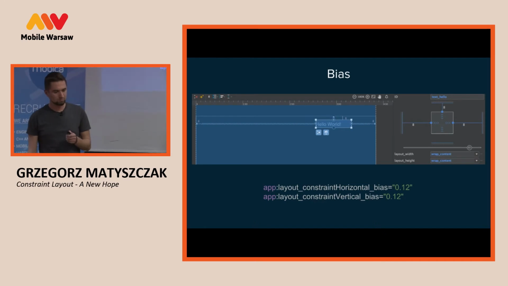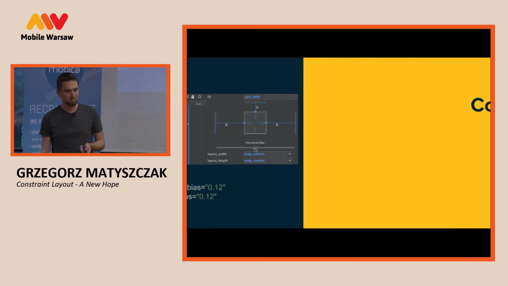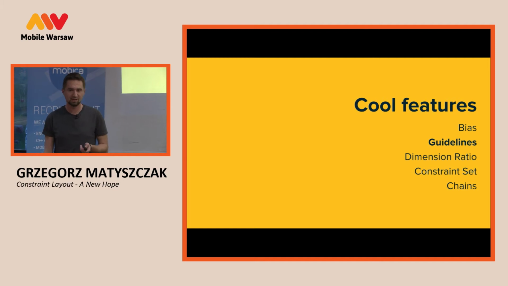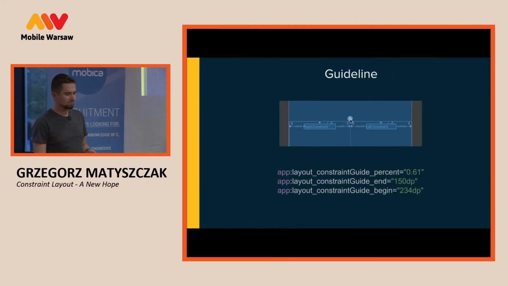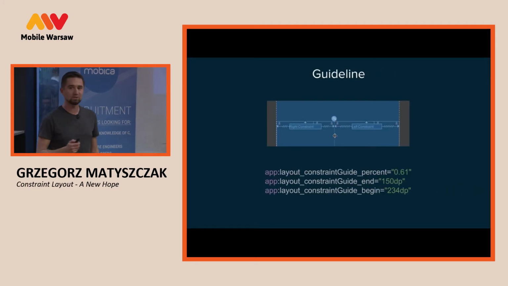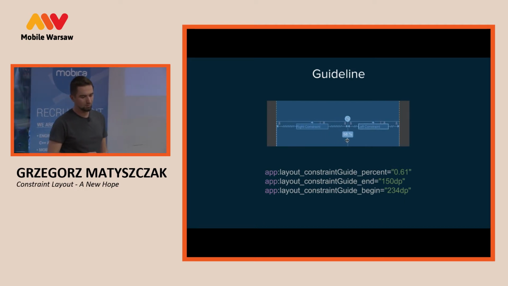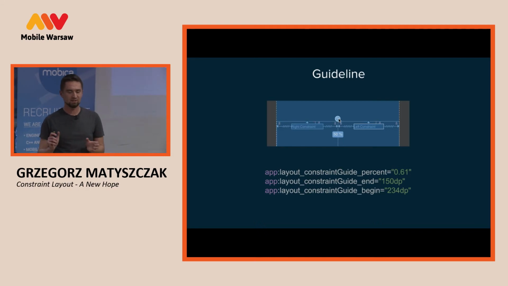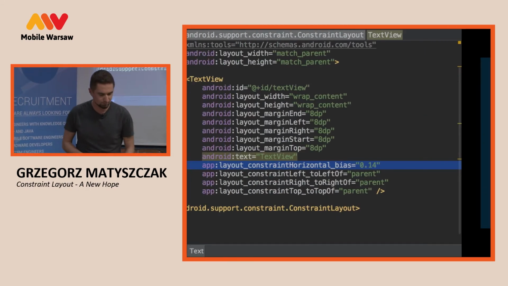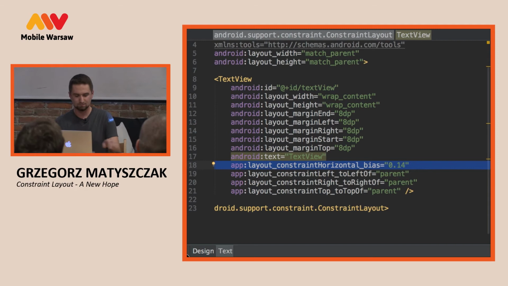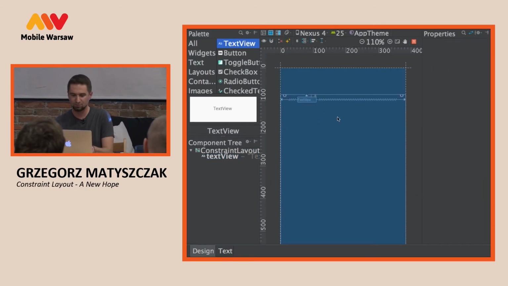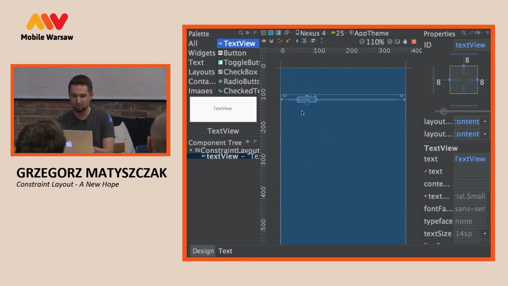So this is the first feature. The other feature is a guideline. It is a helper object that we can use when we build layouts in Constraint Layout. We can use it to position our view inside it. If, for example, we have that view over here, let's clear all the constraints.